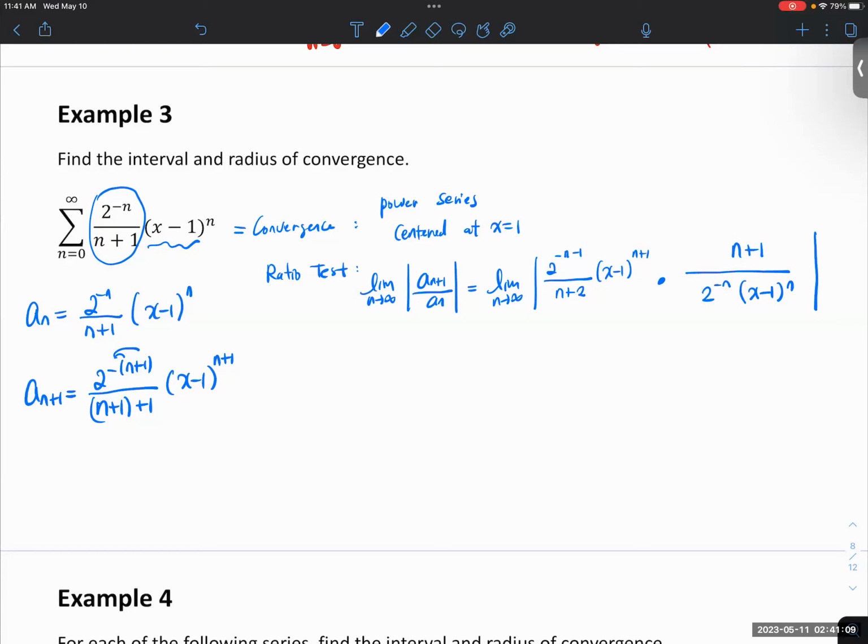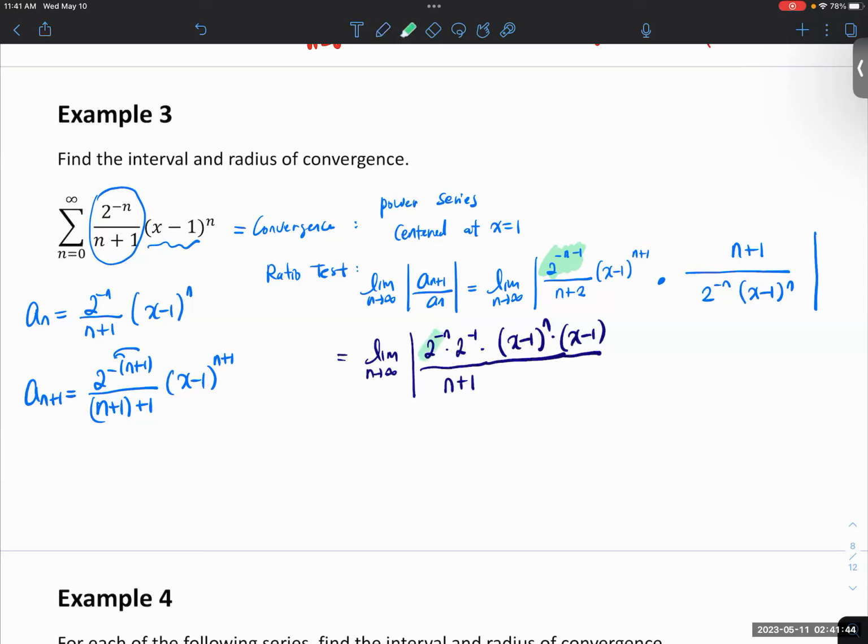Now I'm going to simplify so that I can cancel top and bottom. So this means the limit of 2 to the negative n times 2 to the negative 1, over n plus 2, and then we have (x minus 1) to the n times (x minus 1) in the numerator. Are you following?